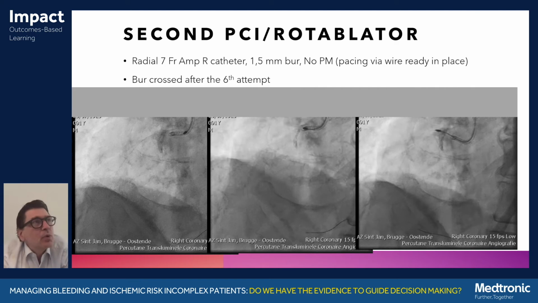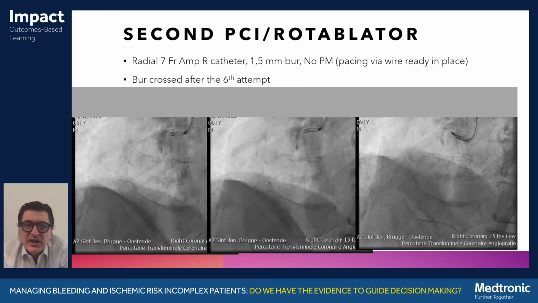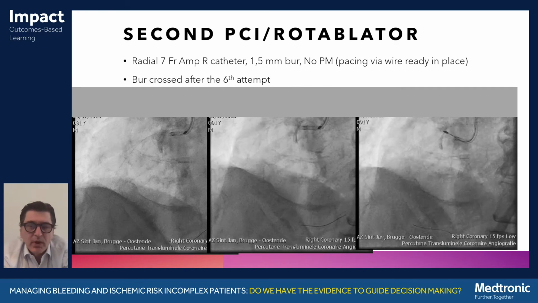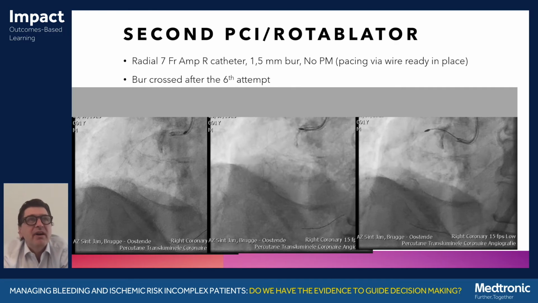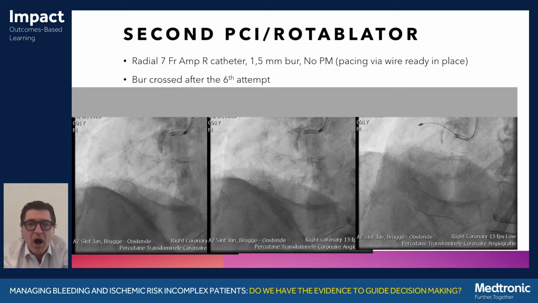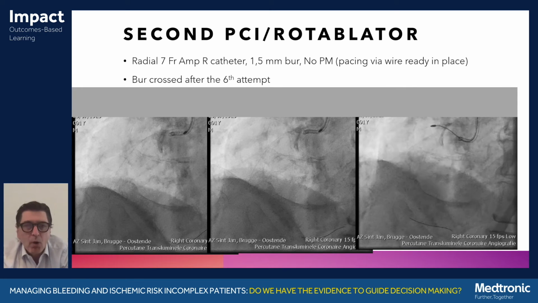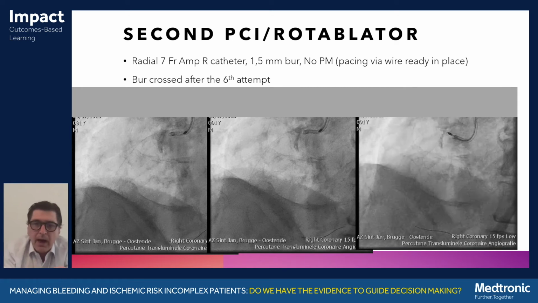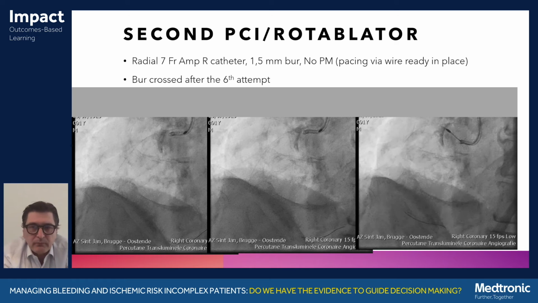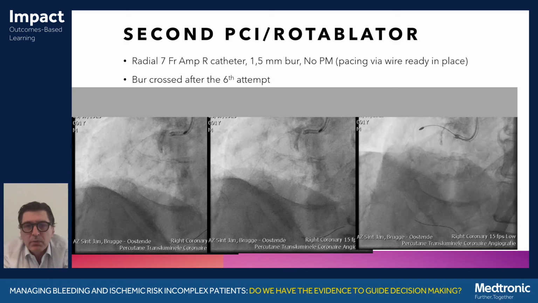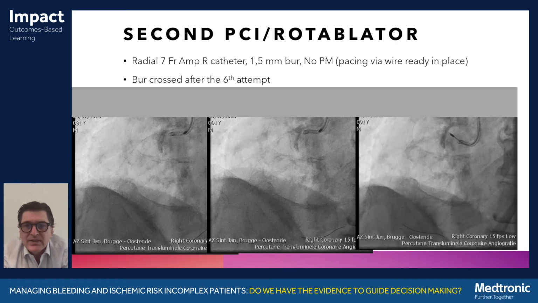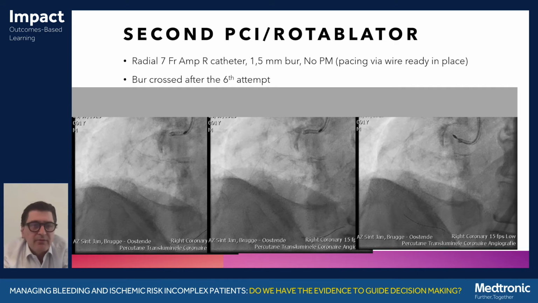What I also do, and this may be a point of discussion, is that most of the time when we have lesions, vessels that are up to 3, 3.5, and you go with a 1.5 rotoblator, you can crack all the calcium. However, what I also do when I do rotoblator is that, as you see on the right slide, I go over it even after I have crossed, sometimes with a lower RPM, because this creates a sort of resonance.